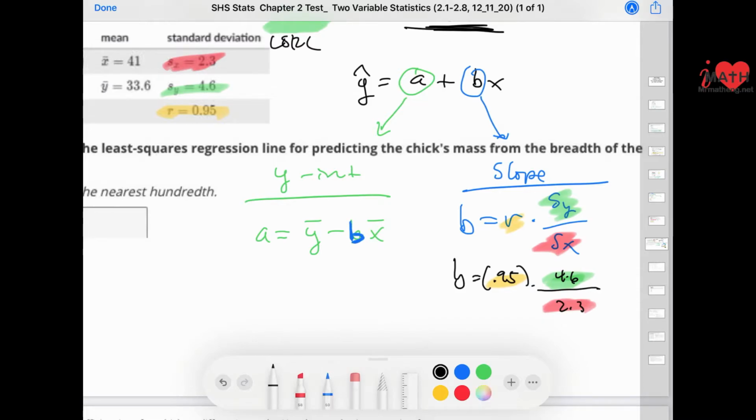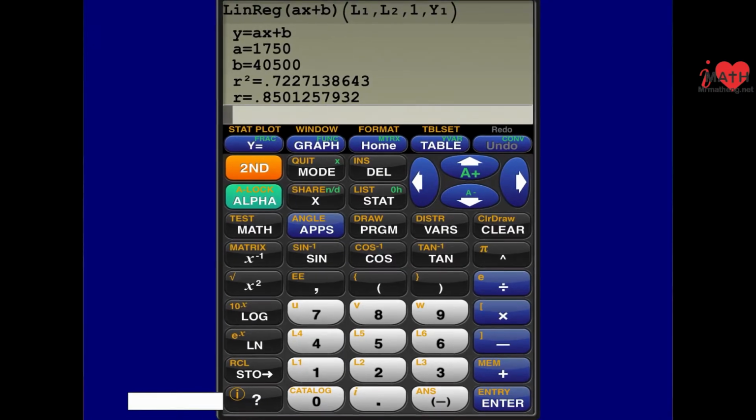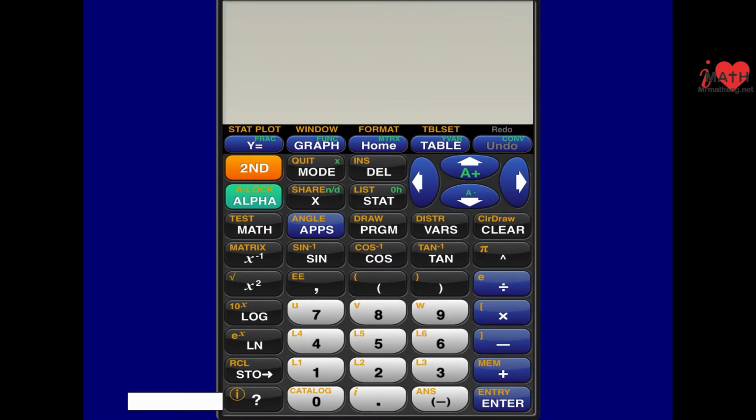And I'm just going to make this a longer fraction. I'm going to multiply the top and the bottom, so let's go ahead and do that. Let me show you, so I'm going to take a picture of my work. I'm at the home screen, so I'm going to press 0.95 times 4.6 divided by 2.3. And we have an answer of 1.9.